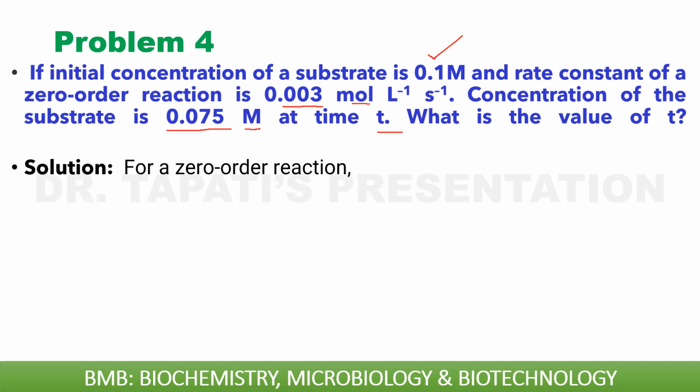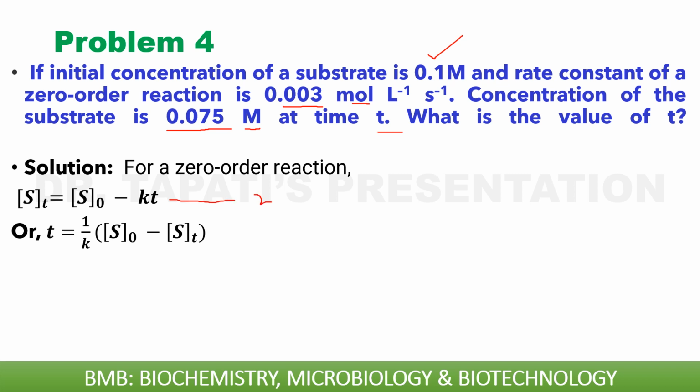For a zero order reaction, we found that St is equal to S0 minus Kt. That was equation 2. From this equation we can write that t is equal to 1 by K within the bracket, initial substrate concentration minus final substrate concentration at t.